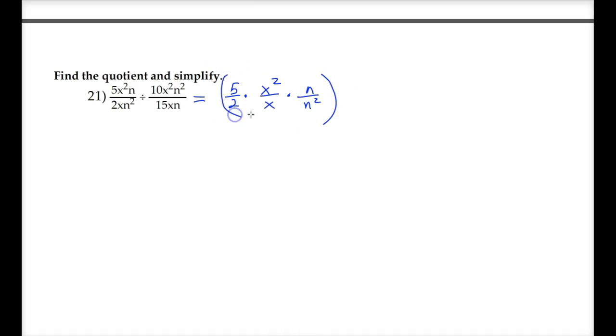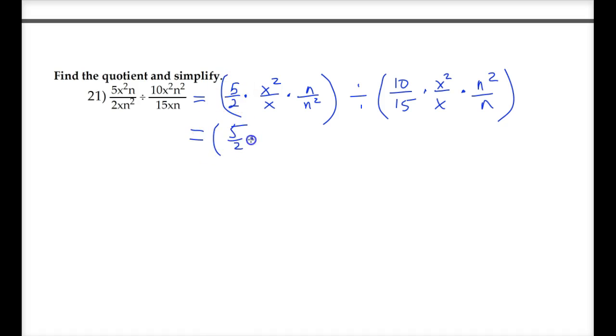Of course, that's all one quotient, divided by, and here I have 10 over 15 times x squared over x times n squared over n, okay? Now from there, of course, with 5 and 2, there's not much we can do, but we know x squared over x just simplifies to x over 1, and n over n squared simplifies to 1 over n.